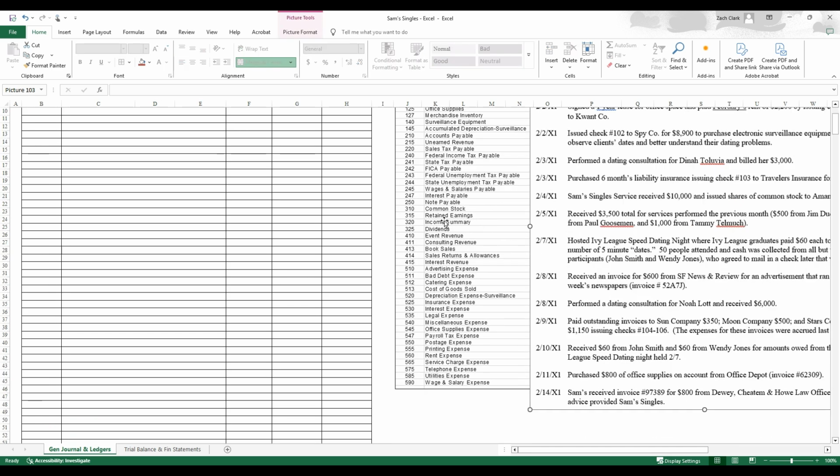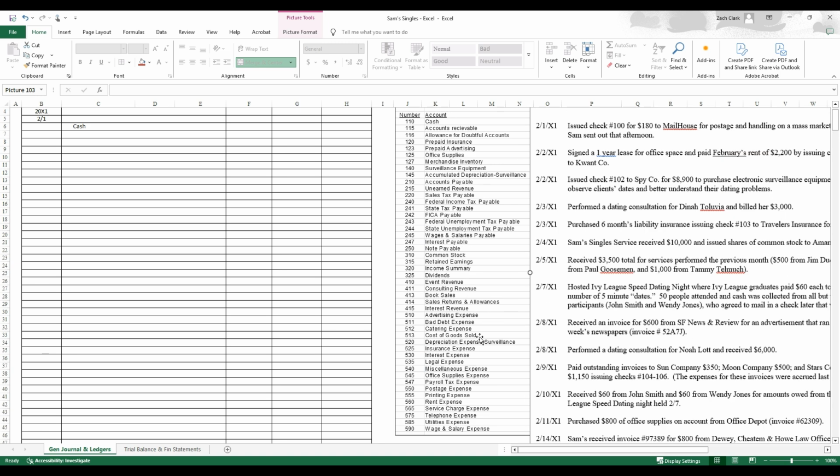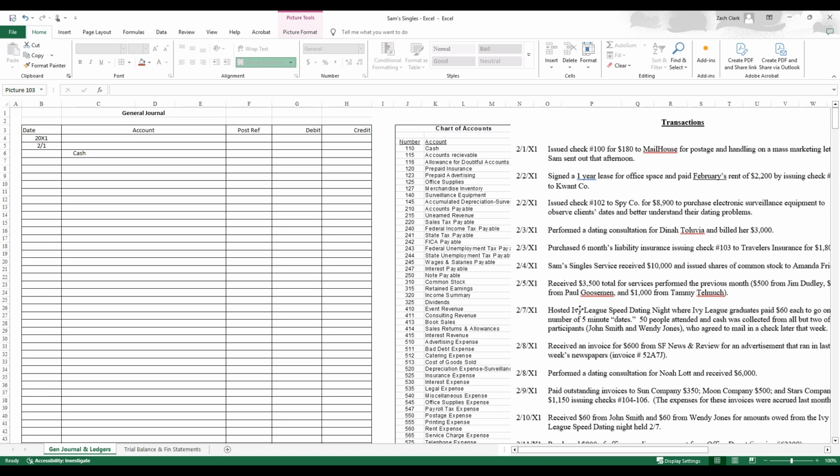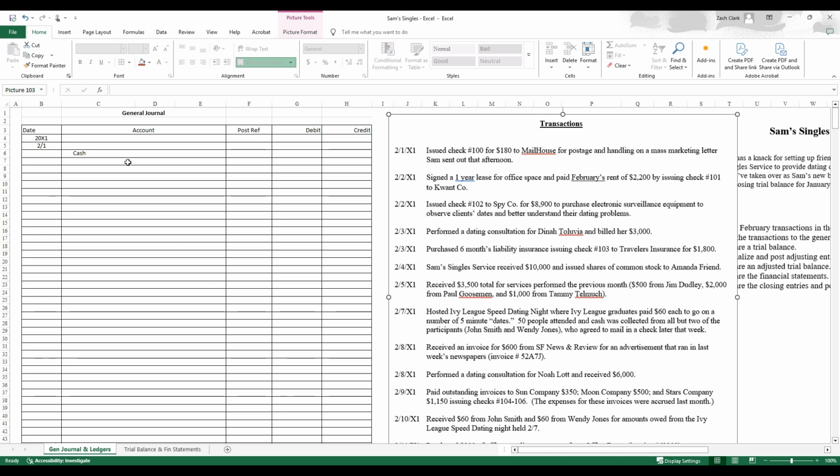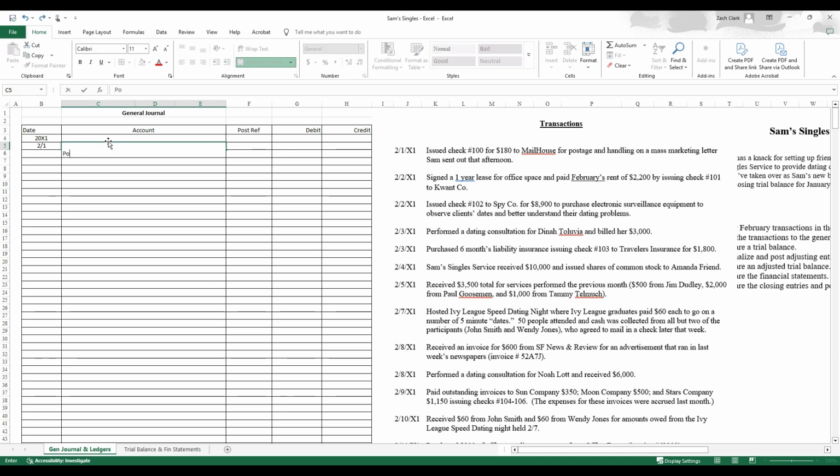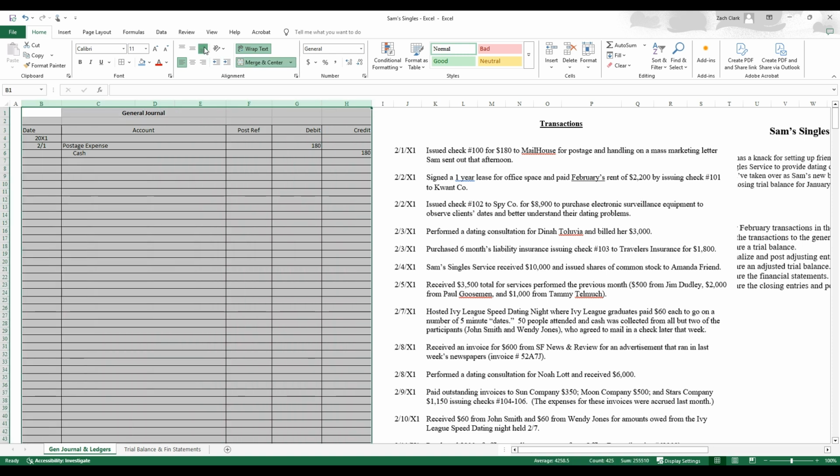I'm going to move this out of the way so we can see our chart of accounts real quick. And looking through our expenses here, we have postage expense. So let's go ahead and use that account. Let's move this back over. So that'll be our debit. So our expenses go up, and our cash goes down.